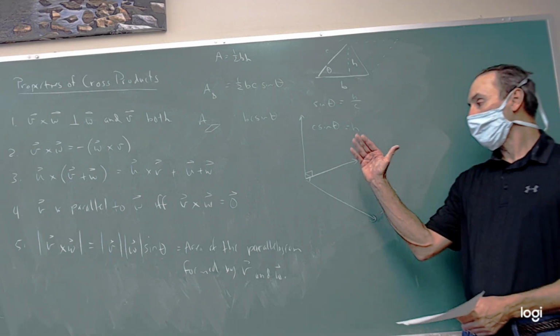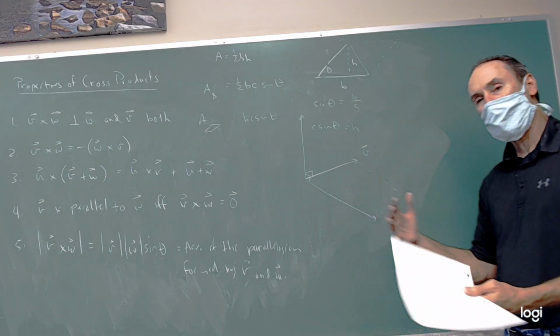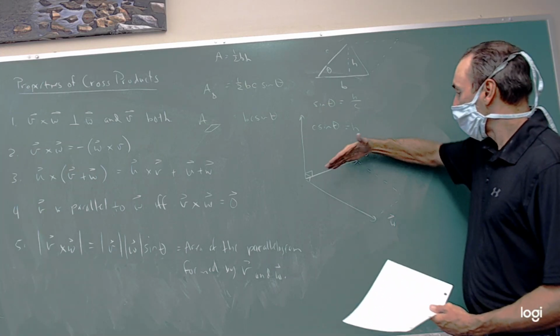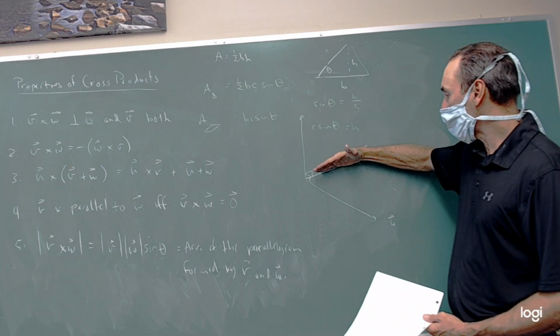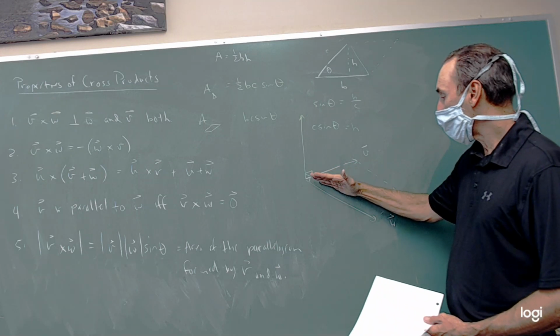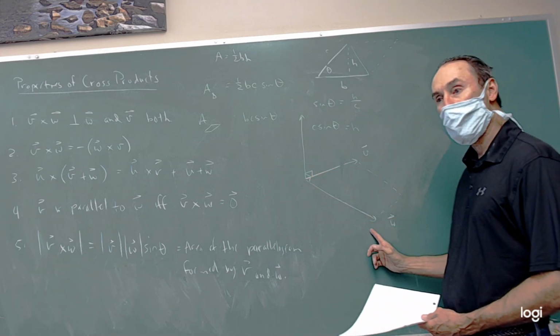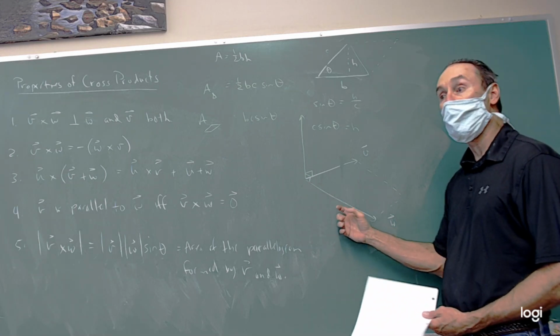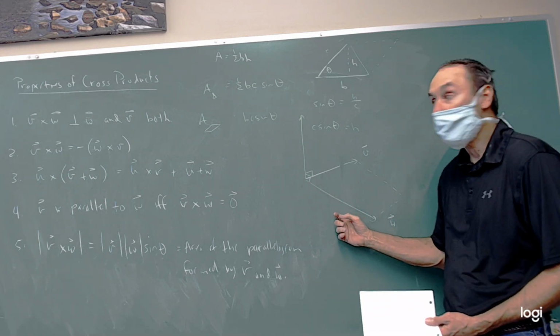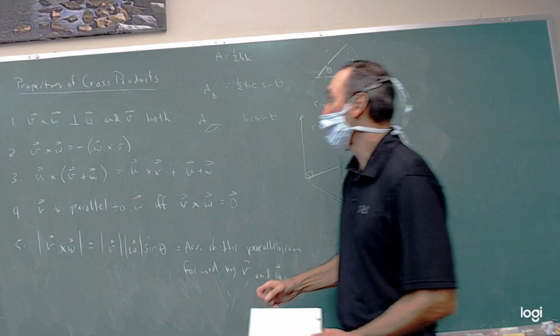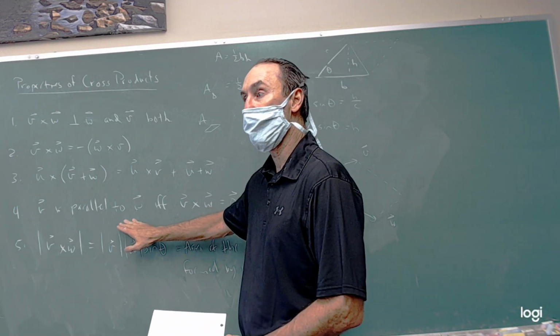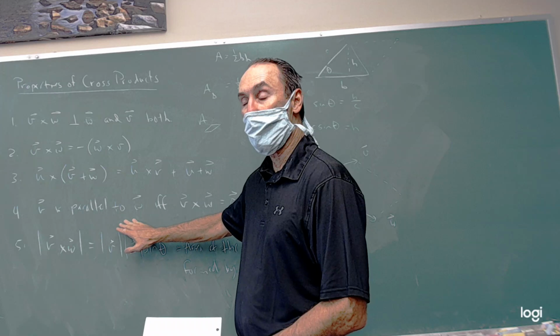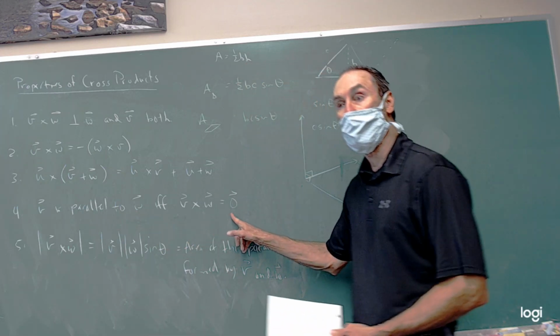So again, looking at the extremes: if we have these two vectors and I push that vector all the way around so that it lies on top of W, now V and W are collinear. They're parallel to each other, right? That's the part we just set up here. And now their cross product vector is going to have a length of 0.